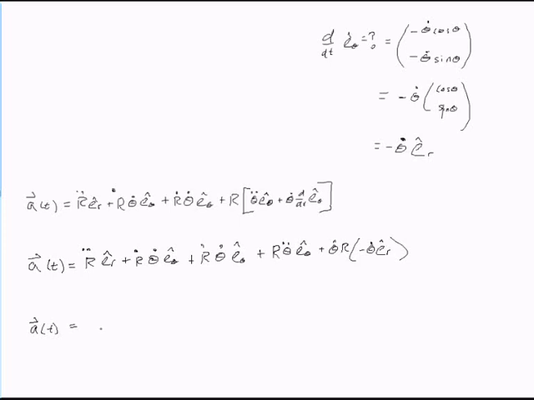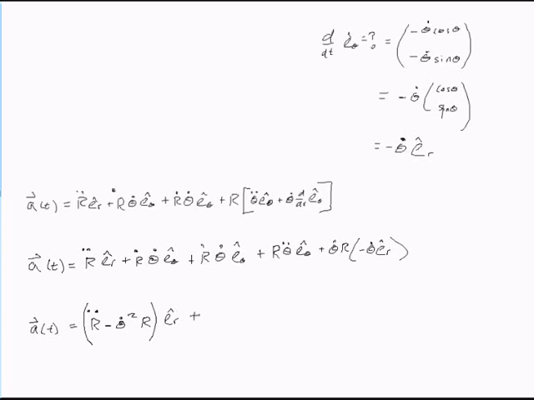Well, now just doing the simplification one line lower, our acceleration vector is just going to be equal to, well, let's group all the e_r's together. We're going to have r double dot. Let's see, anything else that is a function of e_r? Well, this is just here, so that's just going to be minus theta dot squared r, and that's all multiplied by e_r hat.